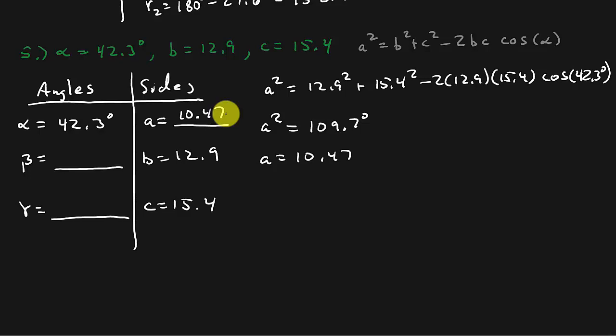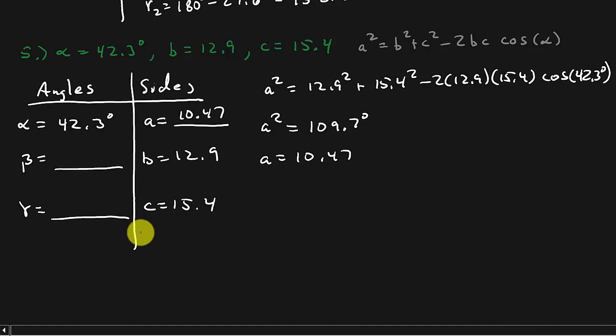If you have no choice but to use the law of cosines first, you don't have to check for two triangles.